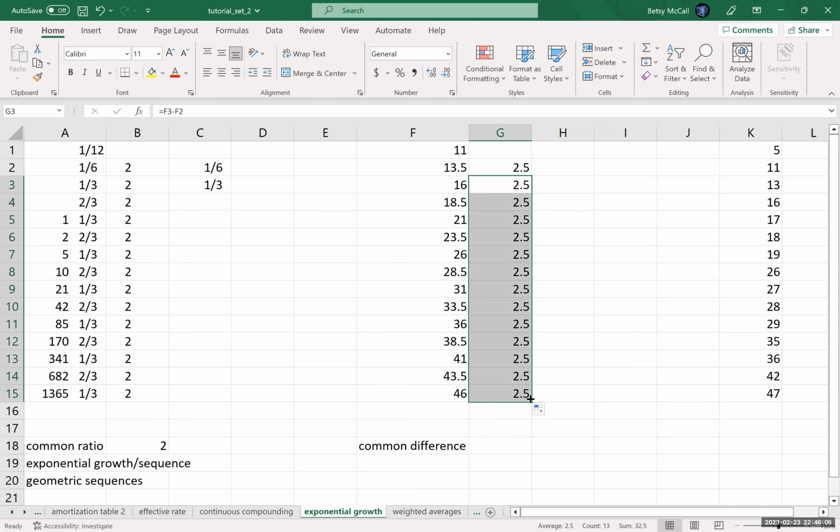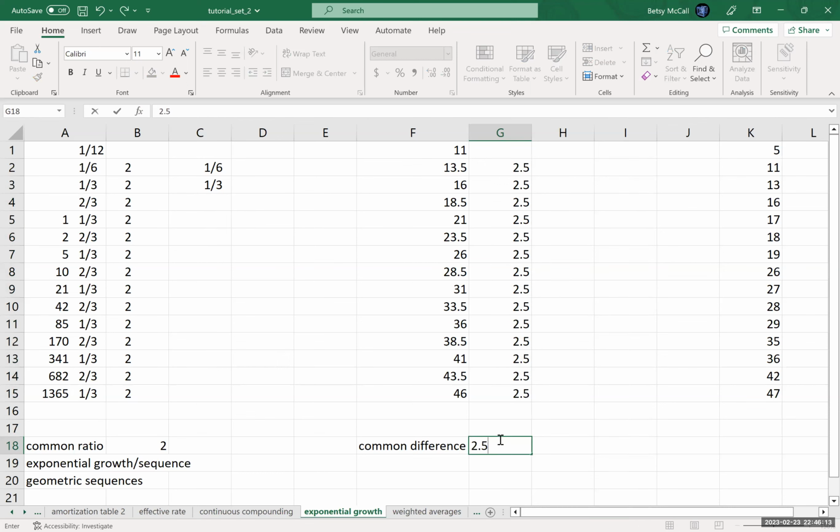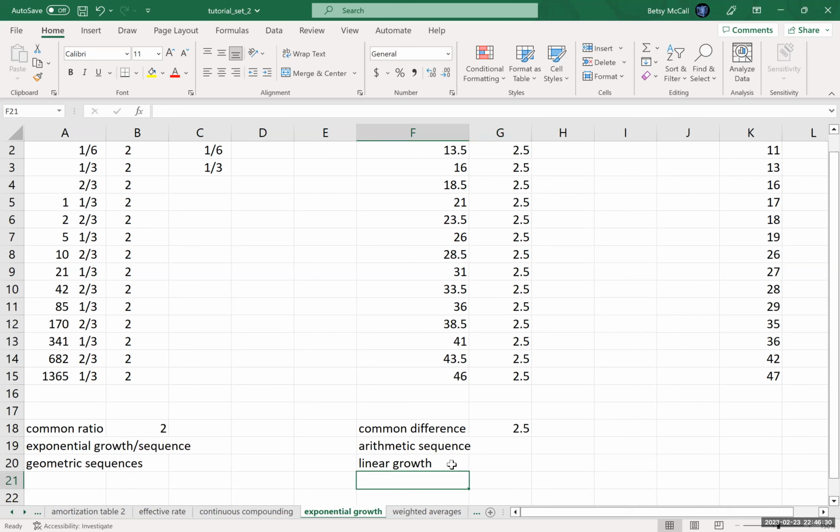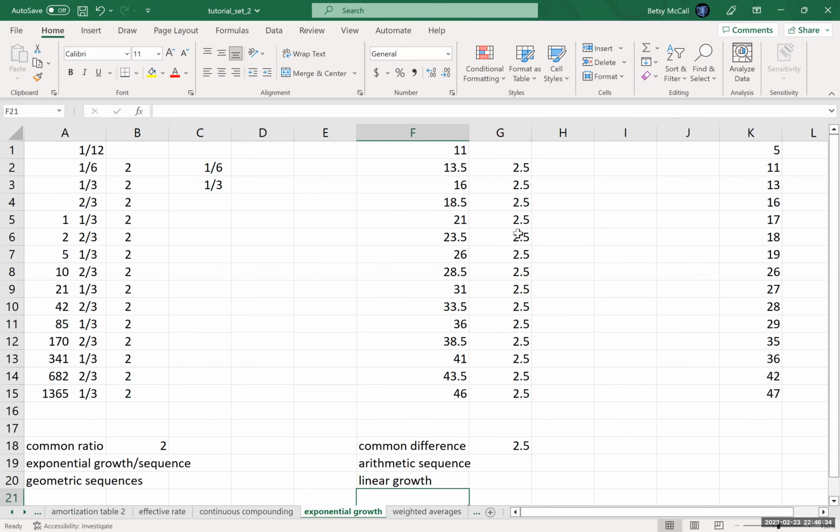If we go all the way down, every single time we subtract, we get the same value. So the common difference here is 2.5. And so what that tells us is this is an arithmetic or a linear sequence, or linear growth. Each time we take another value in the sequence, it grows by a fixed amount.